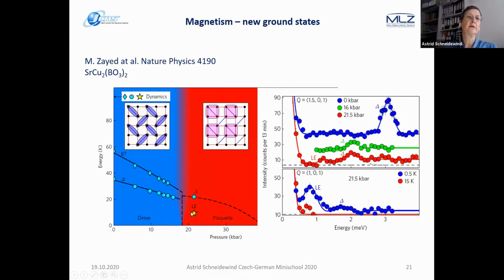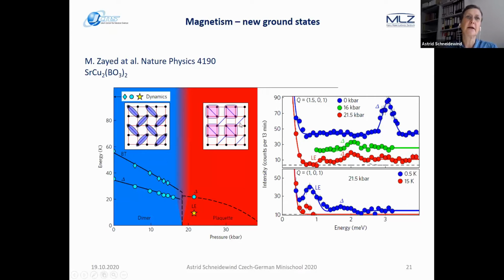What is done now in a couple of experiments at several instruments is to find out about the magnetic excitations in the system. And what you see here at roughly 17 kilobar is a phase transition, which is related to the loss of the high energy excitation. The low energy excitation survives but changes its energy, and we have a new excitation, a so-called low energy excitation, which you can see here in the measurement very nicely, which vanishes at high temperatures.